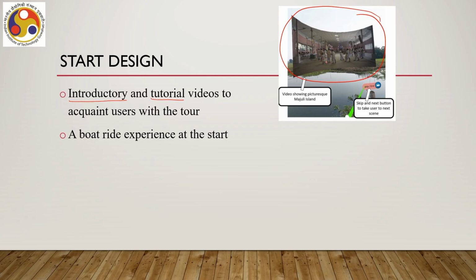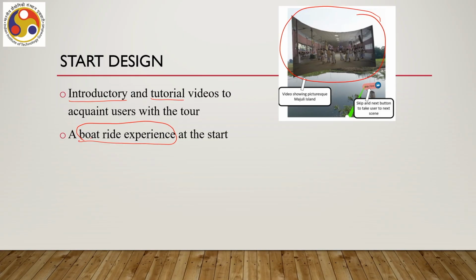Then, to give a natural feeling to the user, we added one boat ride experience at the very start. That means the user will be given the feeling of getting transported from one bank of the river to the other bank, either from mainland to island or island to mainland.